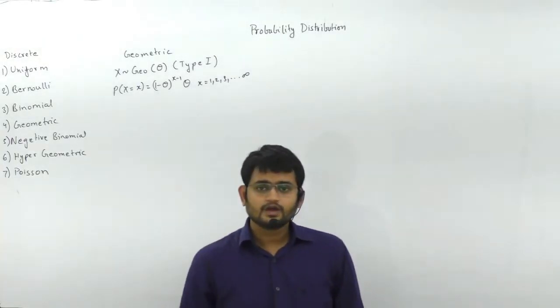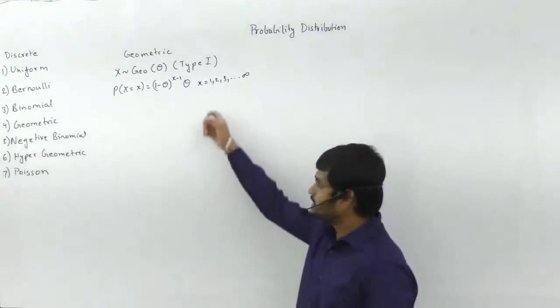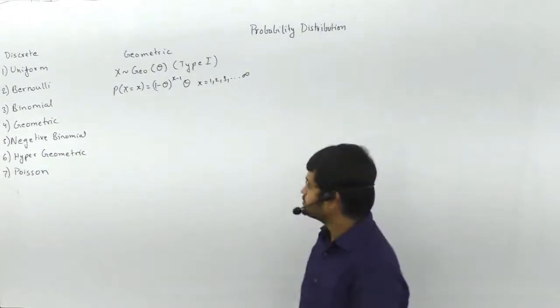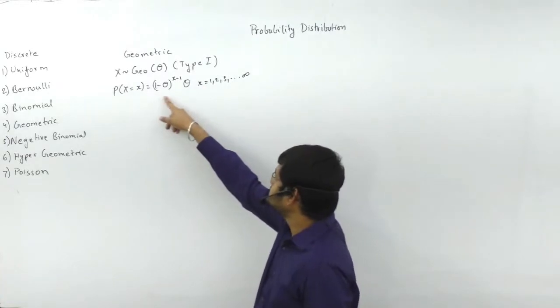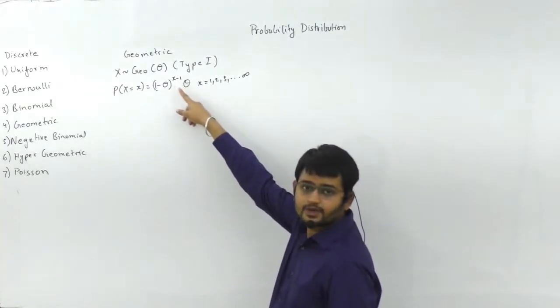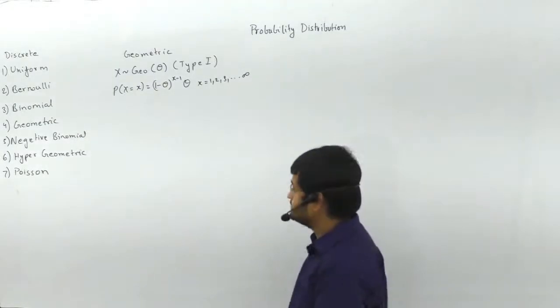So last time we studied geometric distribution type 1 and type 2. Right now let's consider our geometric distribution type 1, and we had probability distribution as (1 minus theta) raised to x minus 1 into theta for x from 1 to infinity.